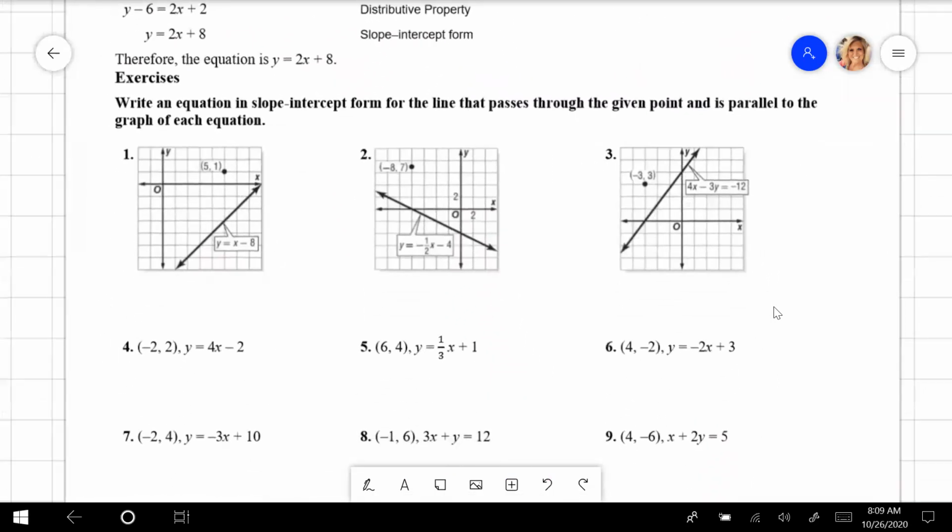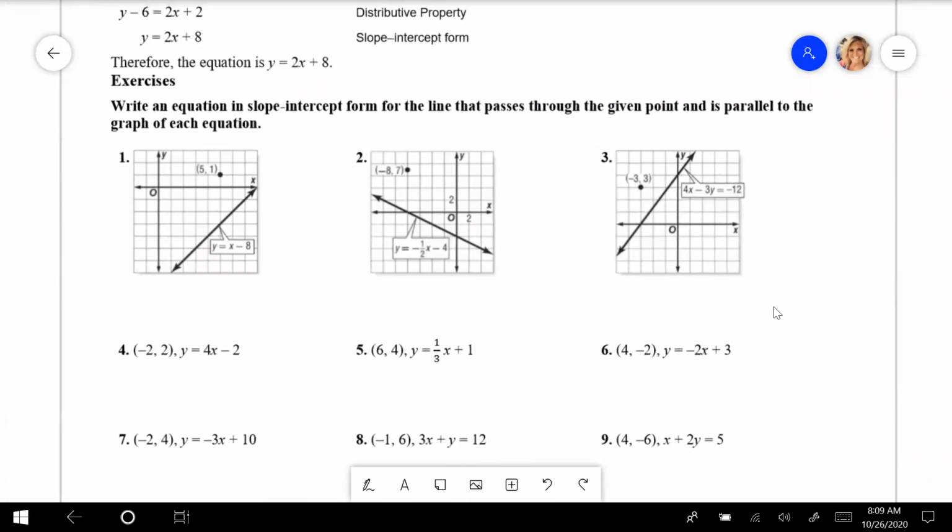In the first few examples we have, it says write an equation in slope-intercept form of the line that passes through the given point and is parallel to the graph of each equation. Remember, when lines are parallel, they have the same slope.